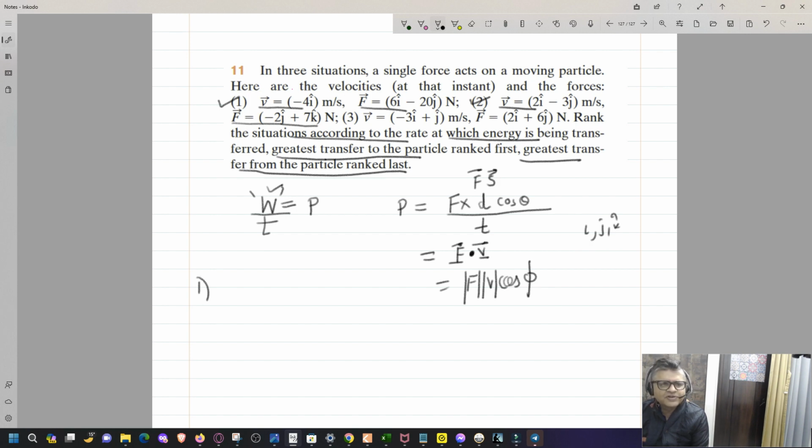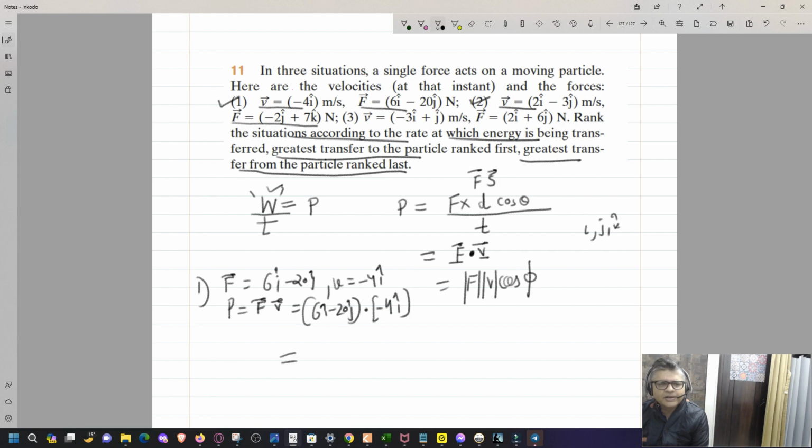Let's consider the first one, which is F is given to be 6I minus 20J and velocity is equal to minus 4I. So the power is equal to F dot V is equal to (6I minus 20J) dot (minus 4I), right?